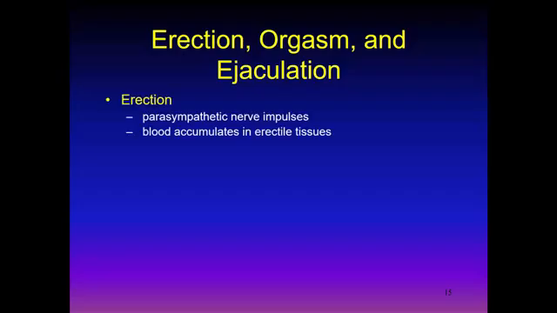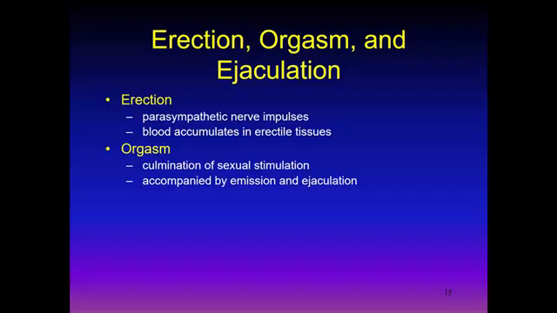So again, erection is a result of the parasympathetic nervous system releasing nitric oxide. Blood flows in and accumulates, and it can't leave as fast as it goes in, allowing for an erection. Viagra stimulates this. Okay. Emission or orgasm occurs when a man ejaculates.